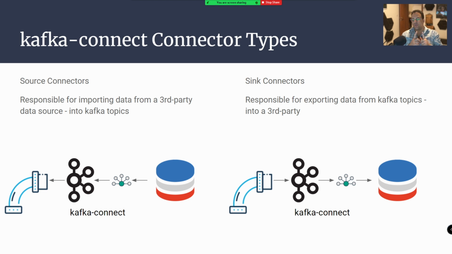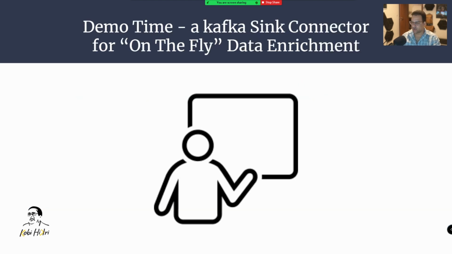What is the destination of the enrichment data? It's a Kafka topic, right? I want to create data and send it into a Kafka topic. That means that I need to implement a sink connector. I want something that listens on raw data, does something, and then pushes data into a Kafka cluster. That is the reason that we are using a sink connector.